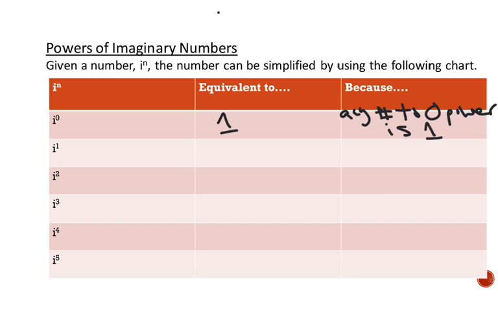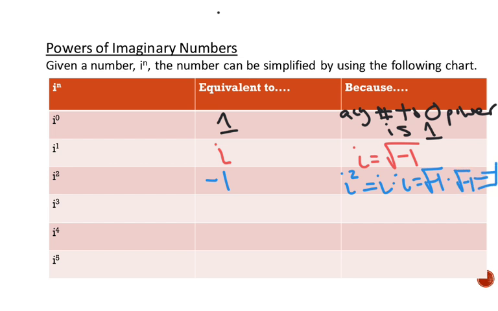If we had i to the first, that's just equivalent to i because i is defined as the square root of negative 1. i to the second power is equal to negative 1 because i squared is the same thing as i times i, which is the square root of negative 1 times the square root of negative 1, which is equal to negative 1.